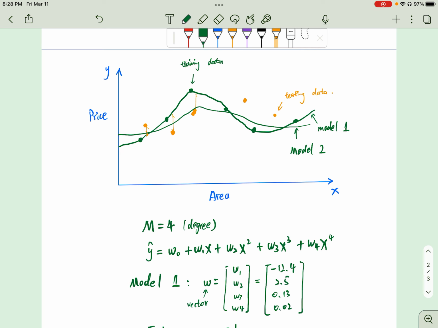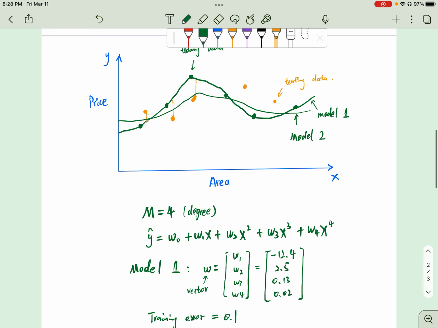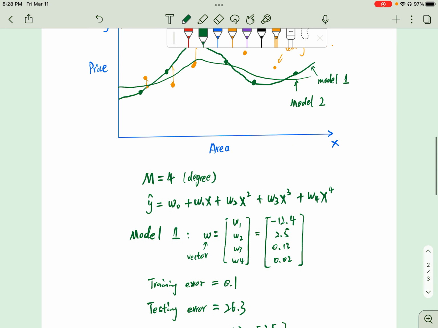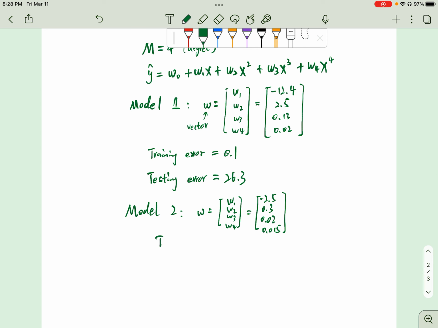This is the model 2 you got. And similarly, for model 2, you find the weights vector is something like this. You can calculate the weights, these values, okay?